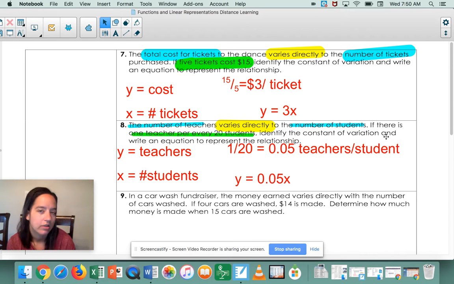It wouldn't be wrong. So I wouldn't ever mark it wrong, but for these, what we're looking for is the unit rate. So we're actually dividing, so our denominator is 1. So it is important that you divide on these. So you're not wrong, but I want you to get used to actually dividing. Okay.